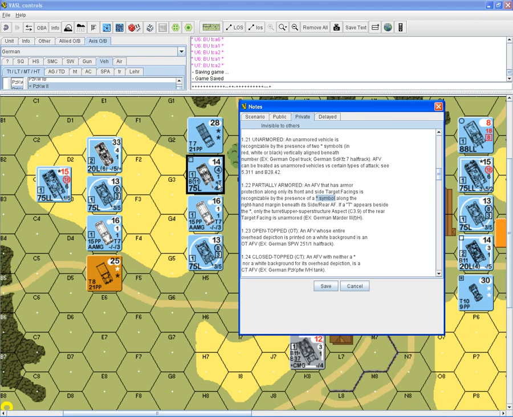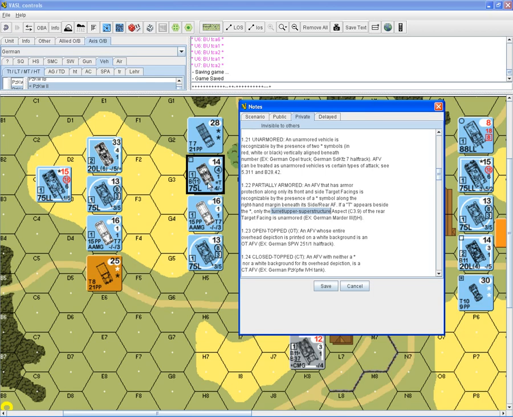So you can see here this counter has a star symbol and it also has a T. If there's a T there, it means that only the turret or upper superstructure aspect of the rear target facing is unarmored. Whenever I mention throughout this tutorial turrets, it should be noted that I'm talking about turrets and any upper superstructure for that vehicle.